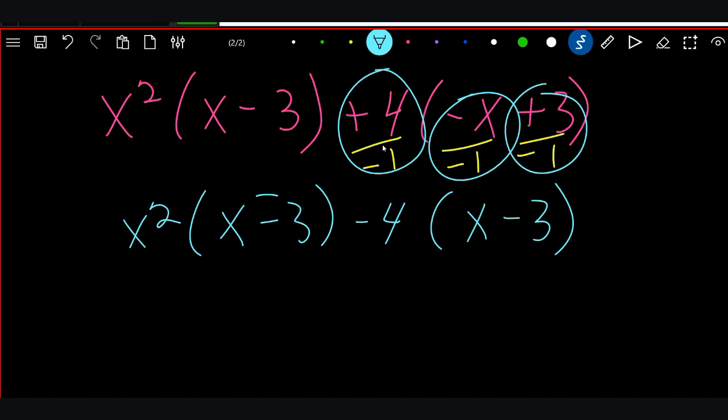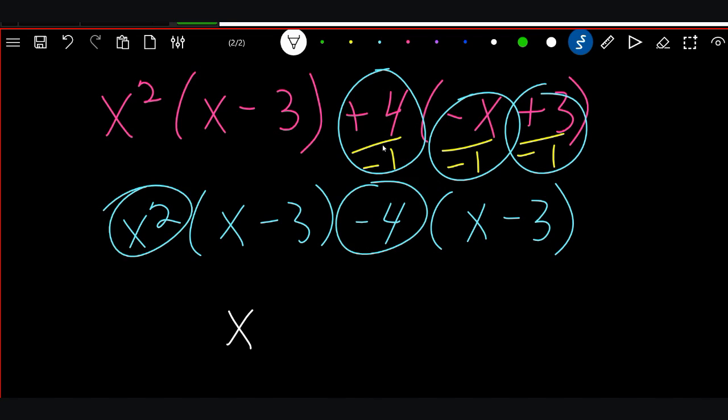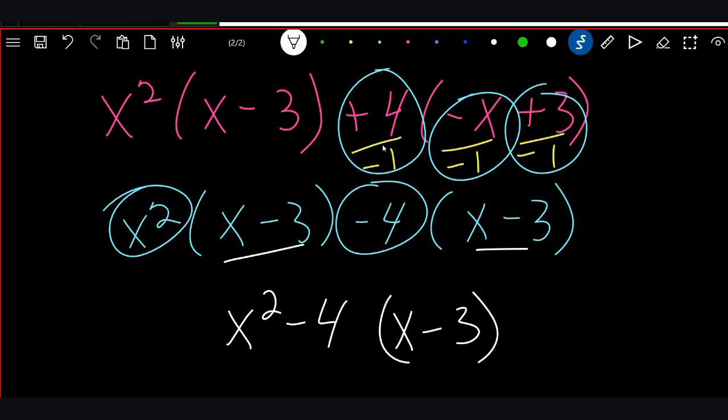We needed to change the signs of this second one right here. This negative x plus 3 needed to be x minus 3. And we can do that as long as we change all of the signs of these associated terms right here. Okay? And so what are we left with? X squared minus 4. And then we have the common factor, which is x minus 3.